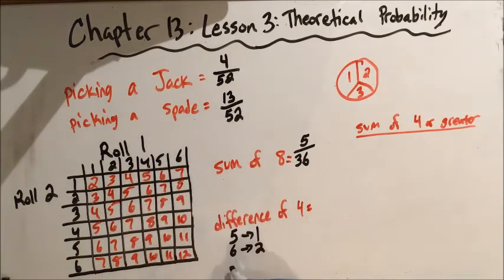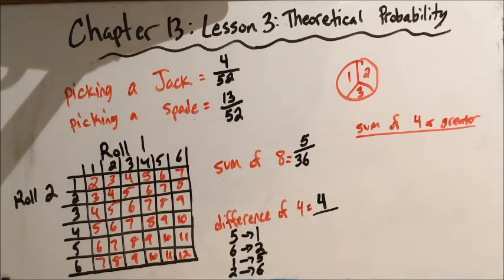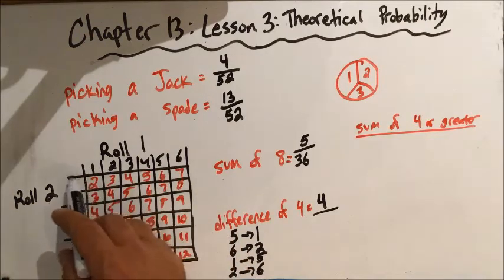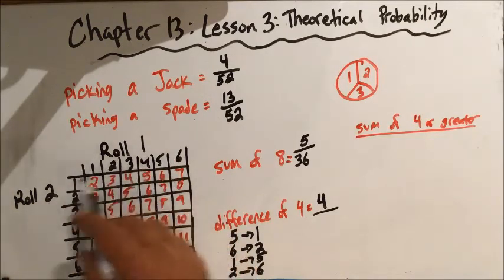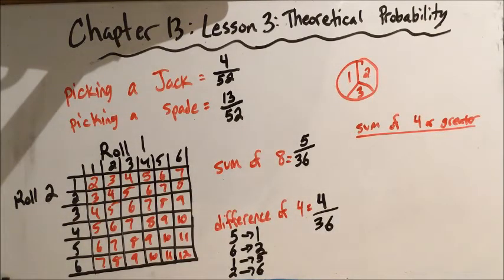On the first die, I can roll a 1, and on the second die, a 5, and on the first die, I can roll a 2, and the second die, a 6. So there are 4 chances of rolling a difference of 4. And once again, how many total chances are there? Well, there are 6 numbers on each die, so you'd multiply 6 times 6, which gives you 36.